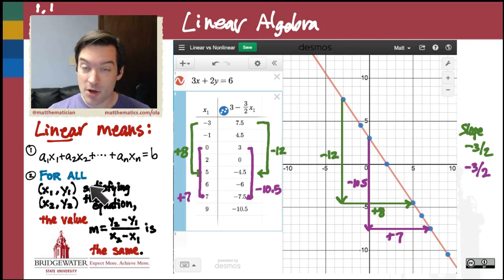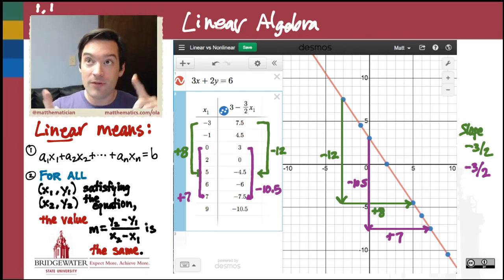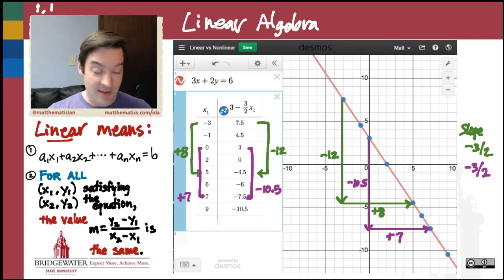I should be able to show that if you, or if the universe, were to choose an x1, y1, and an x2, y2 satisfying this equation, then I need to be able to prove that the x1, y1, x2, y2 that you chose has the same slope, right? The value is the same, regardless of which x1, y1, x2, y2 you or the universe chose.